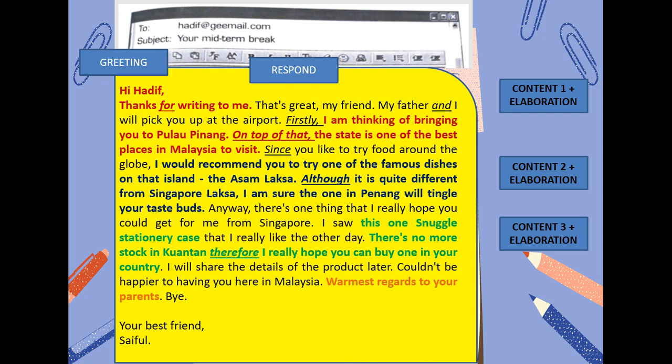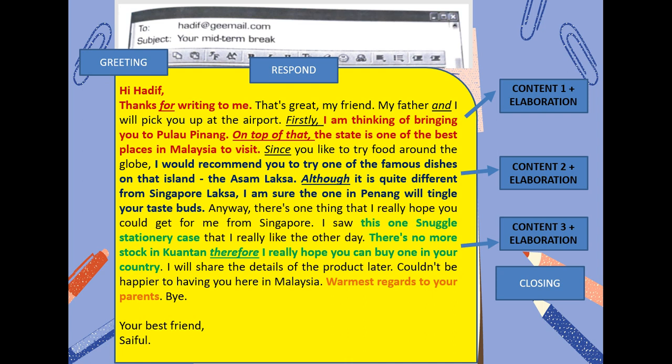And then you can see content 1 is there with the elaboration. Content number 2 is there with the elaboration as well. And of course, content number 3 plus the elaboration. And not to forget your closing.